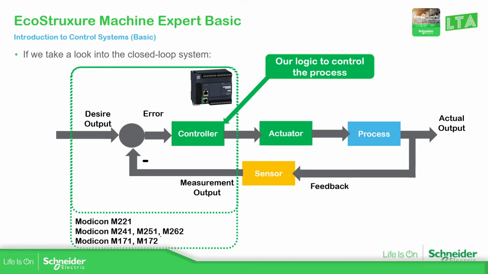You can also use another controller, it doesn't matter. Any controller will do something like this, where you make the comparison of the variables based on the set point and the actual value, and then you create your logic, which will be located on the controller side.